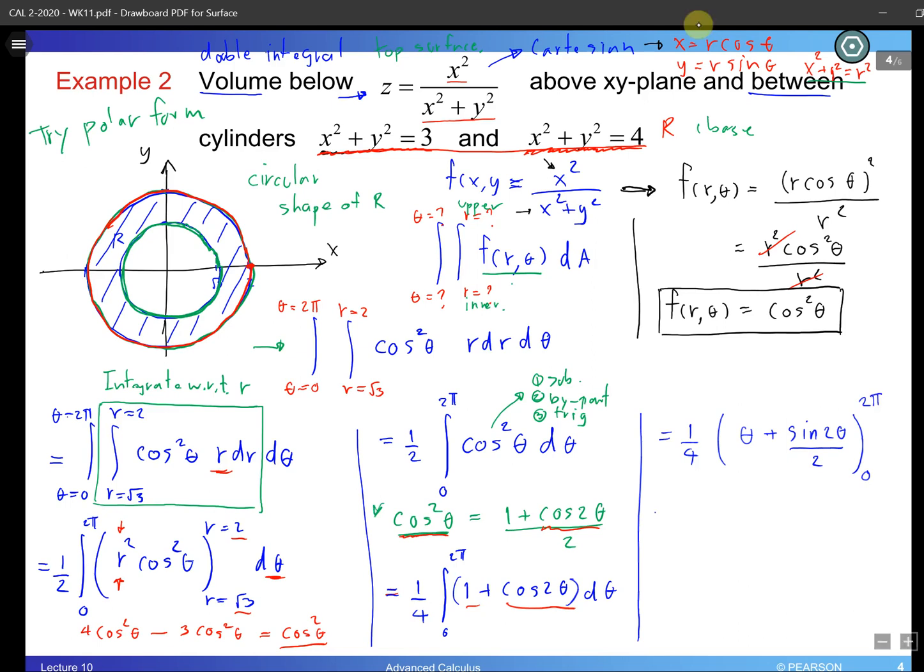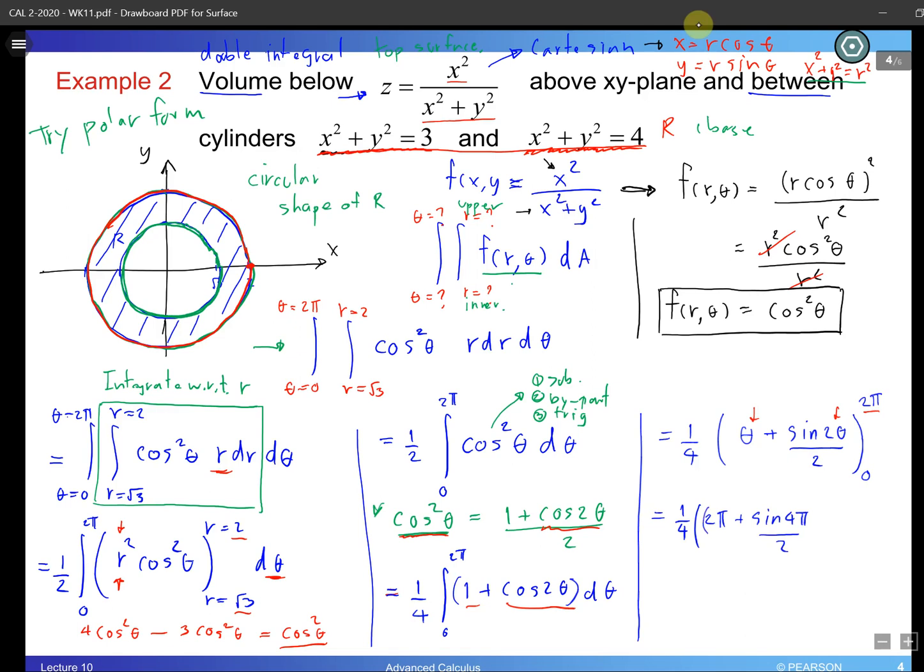So this is going to be equal to 1 over 4. First term, 2 pi goes in here and goes in here. So I get this 2 pi. Okay, 2 pi goes in, 2 pi right here. Sine 2 pi times 2 is going to be sine of 4 pi over 2.